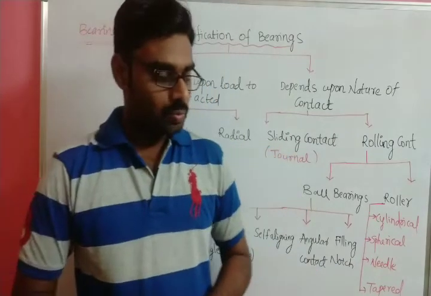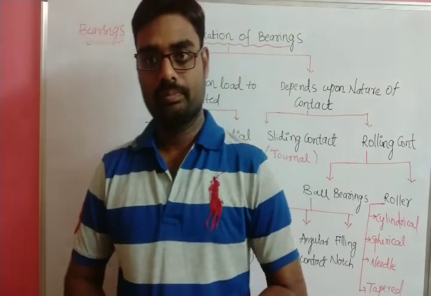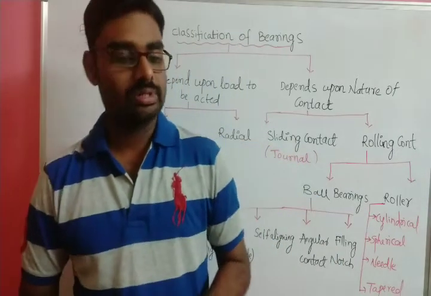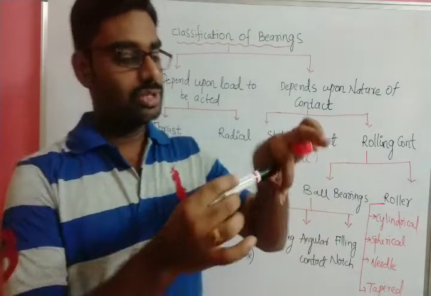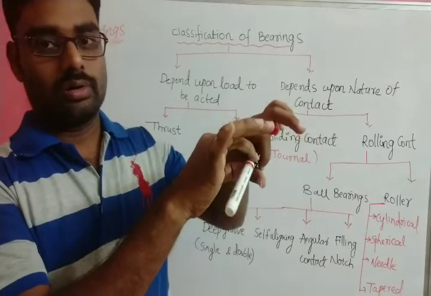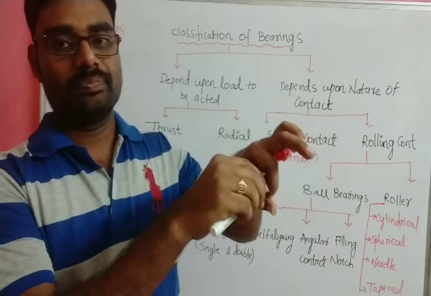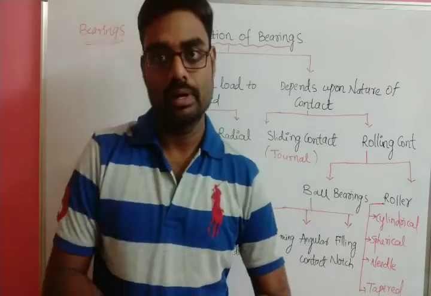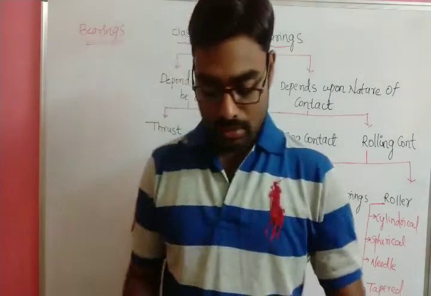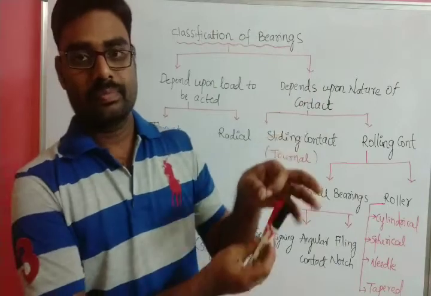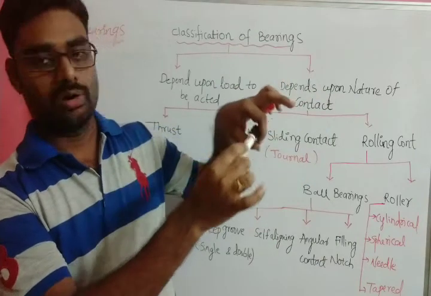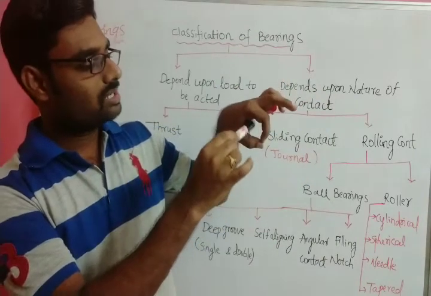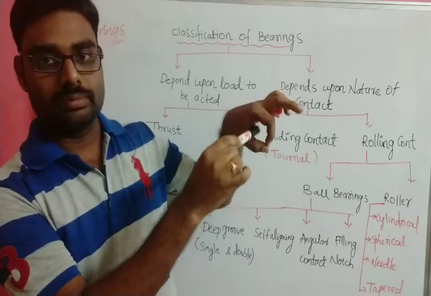So what is the meaning of journal? The portion of the shaft that is inside the bearing is known as the journal. Let us consider the bearing; the next one is the journal or shaft. The shaft is rotated inside the bearing.